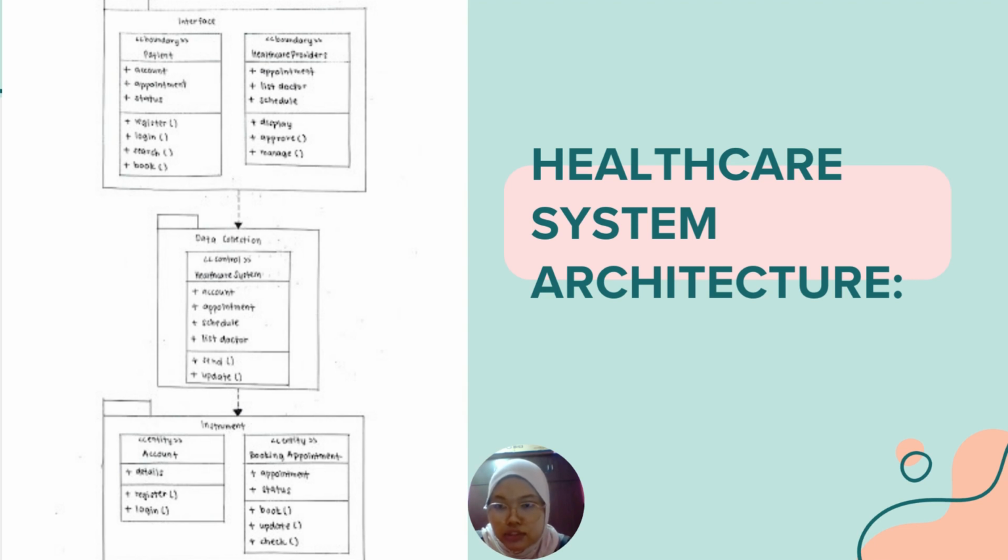For the interface package, there were two boundary classes. The data collection is a control class, and it is the system. And for the instrument package, there were two entity classes, account and booking appointment.